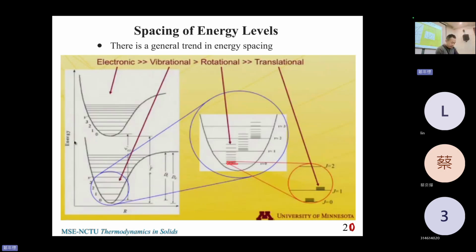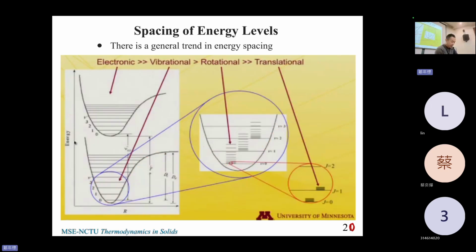So you see, the rotational levels are relatively packed compared to the vibrational levels. You can see the scales are so different. All right, so the energy levels actually look like this, right?